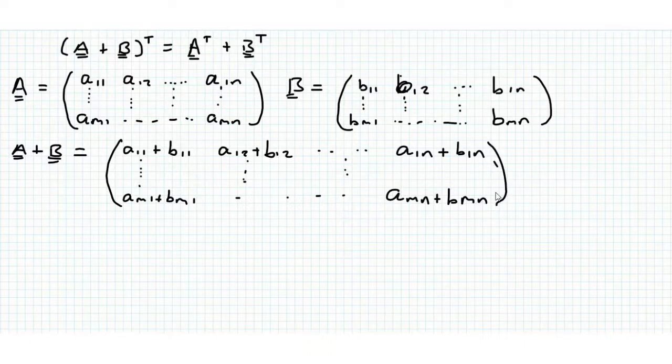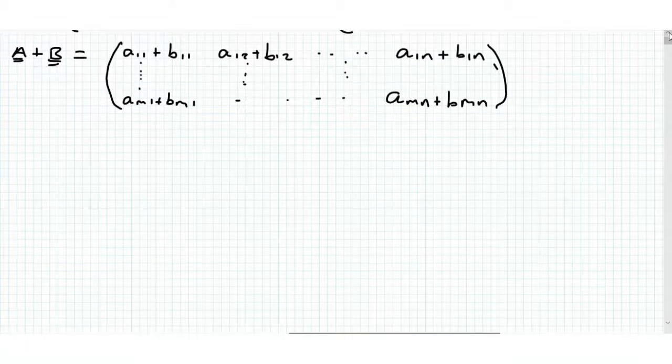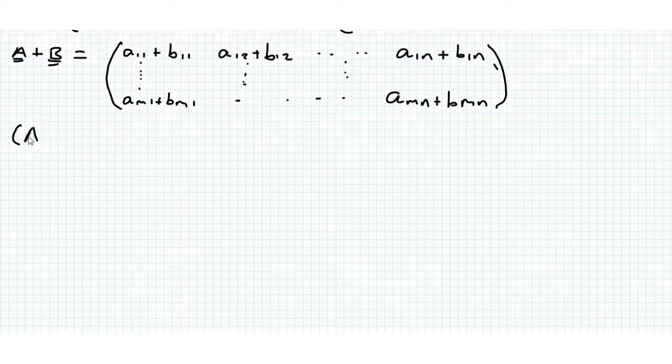Now we want to take the transpose of that, so A plus B transposed. Basically, this first row becomes the first column.